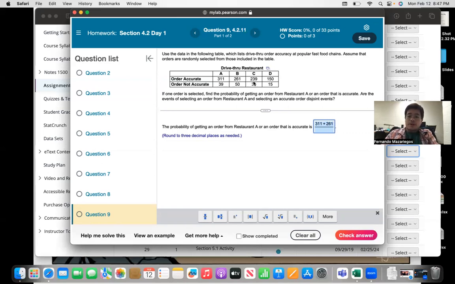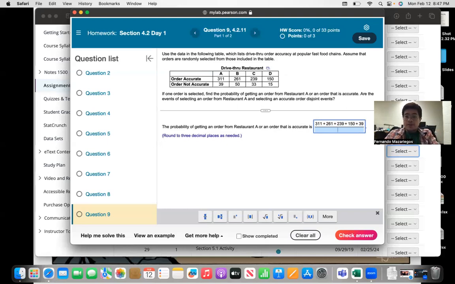This 239, that is accurate. This 150 is accurate. And this 39 is not accurate, but it is from restaurant A. So we also consider it. Remember, we want either from restaurant A or accurate or both. That's the numerator, and the denominator is the total amount of orders that we can choose from.